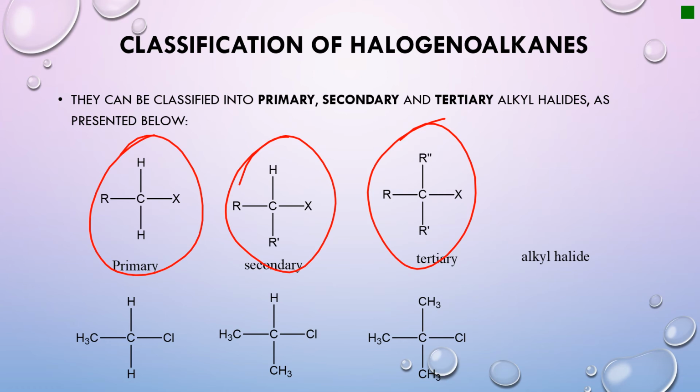As you remember, a primary carbon is a carbon which is attached to only one other carbon. A secondary carbon is a carbon which is attached to two other carbons, while a tertiary carbon is a carbon which is attached to 3 other carbons.